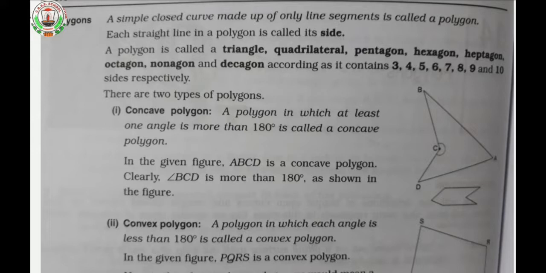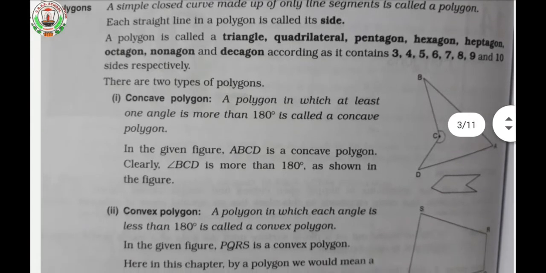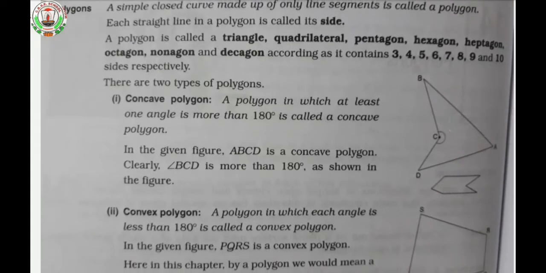There are two types of polygon. First is concave polygon, second is convex polygon. So concave polygon, a polygon in which at least one angle is more than 180 degrees is called a concave polygon. So here is the figure given.